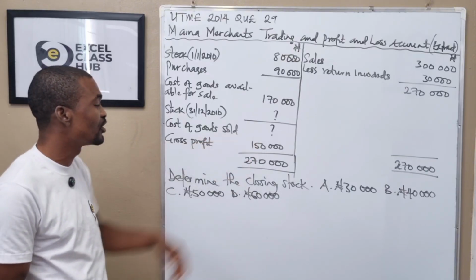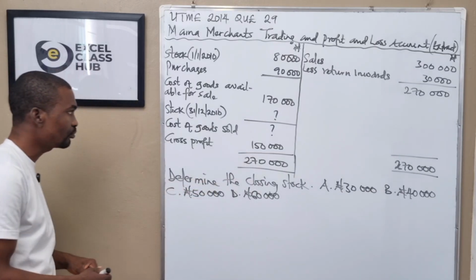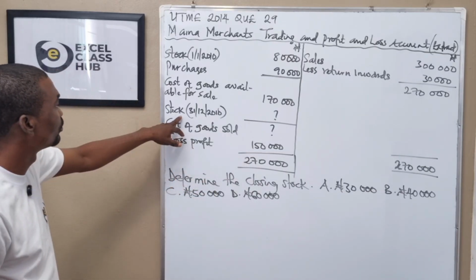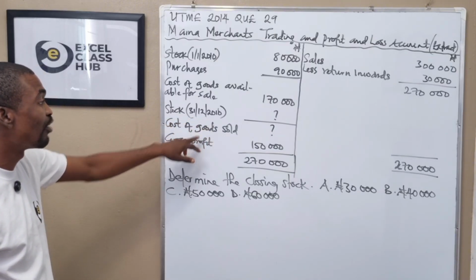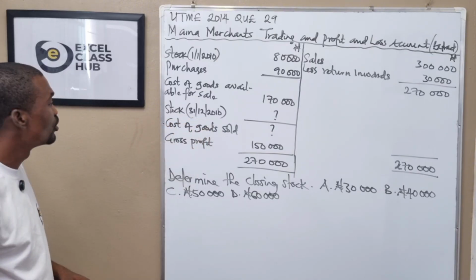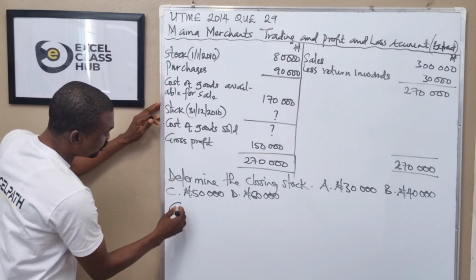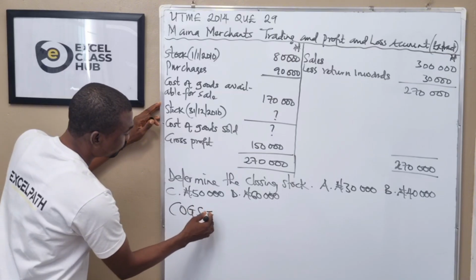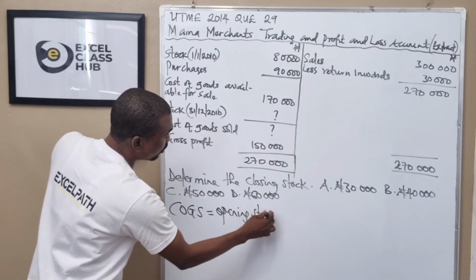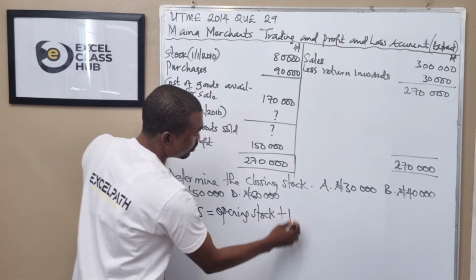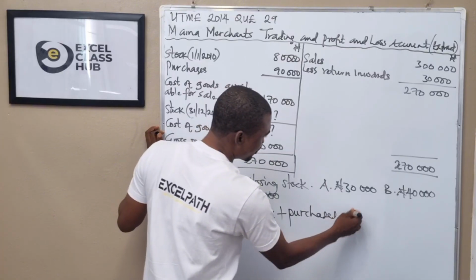Now, before we can determine the closing stock, which is stock at 31/12/2010, we have to get the figure of our cost of goods sold. So since we are given our gross profit, don't forget that number one, our cost of goods sold is equal to opening stock plus purchases minus closing stock.